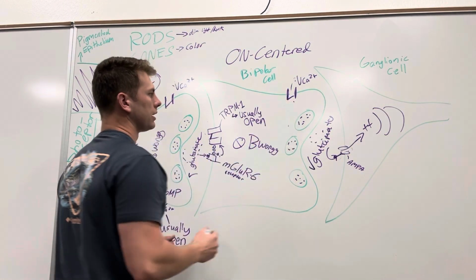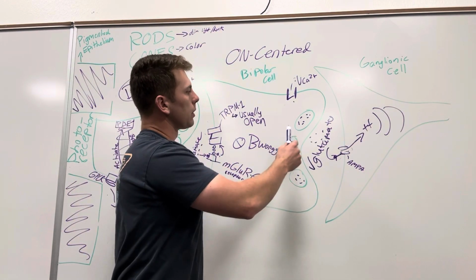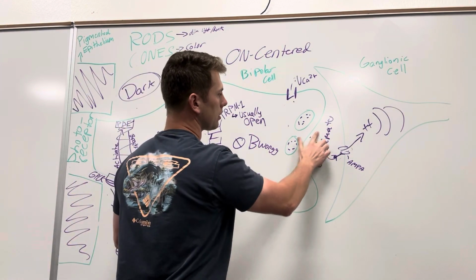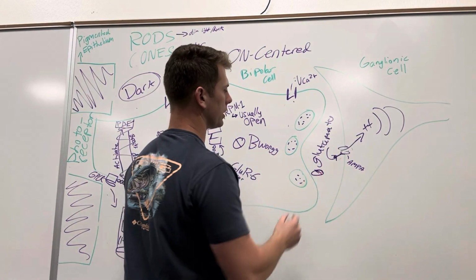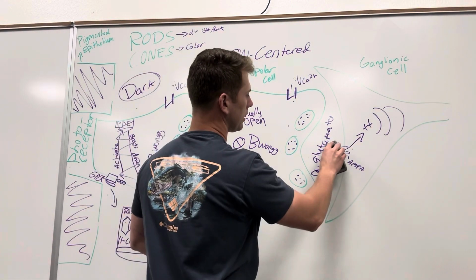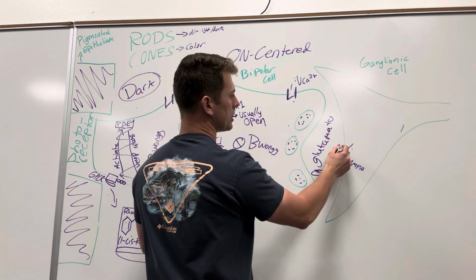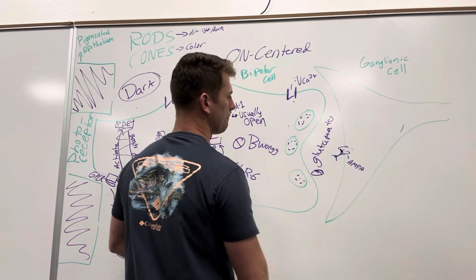This gate is shut. No calcium to work on the SNARE protein, so these vesicles will not fuse and will not release glutamate. No glutamate, no binding to the AMPA channel. AMPA channel closes. It's getting pretty messy.